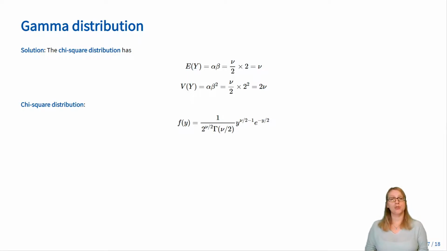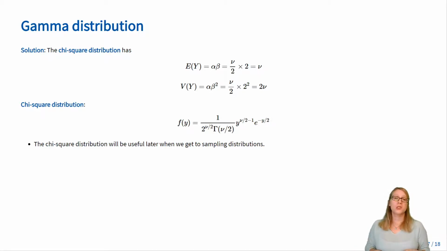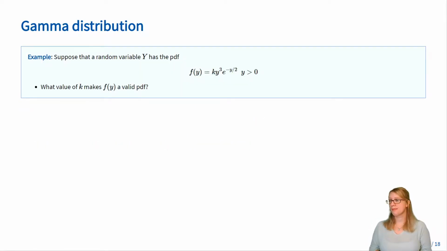The chi-square distribution PDF then looks like this, plugging in nu over 2 everywhere we see alpha, 2 everywhere we see beta. So we get this distribution. Again, the chi-square distribution will become very useful to us later on when we start thinking about random samples.